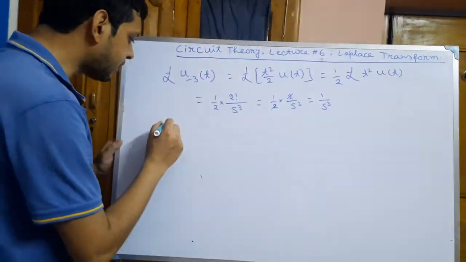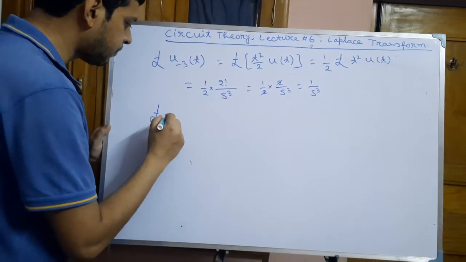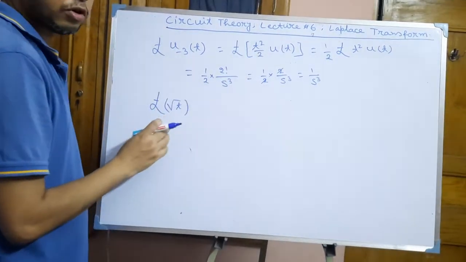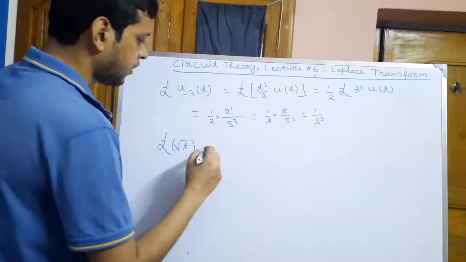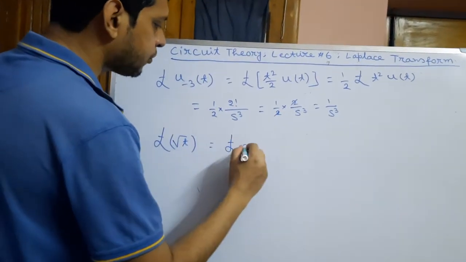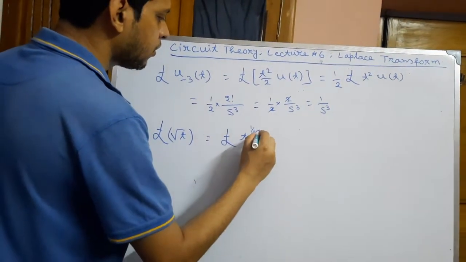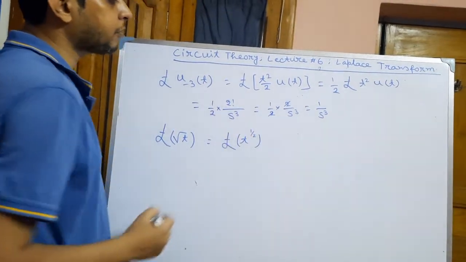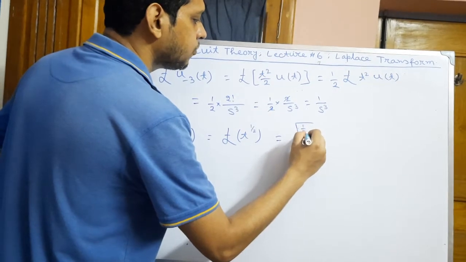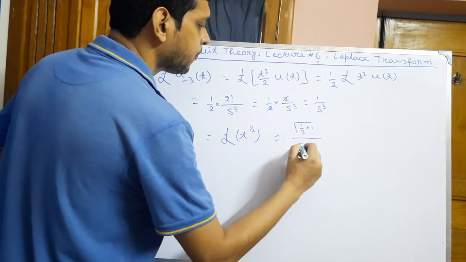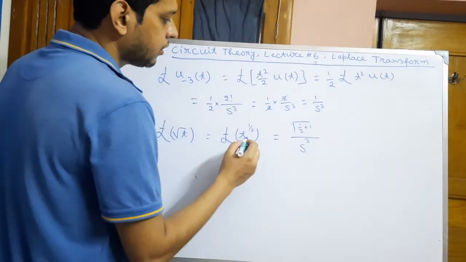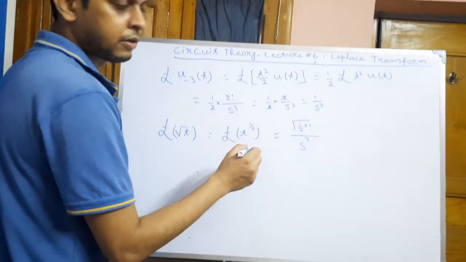Now let us determine the Laplace transform of root t, or root t ut. So Laplace transform of root t equals Laplace transform of t to the power half. So from the definition we will get gamma n plus 1. Here n is not an integer.